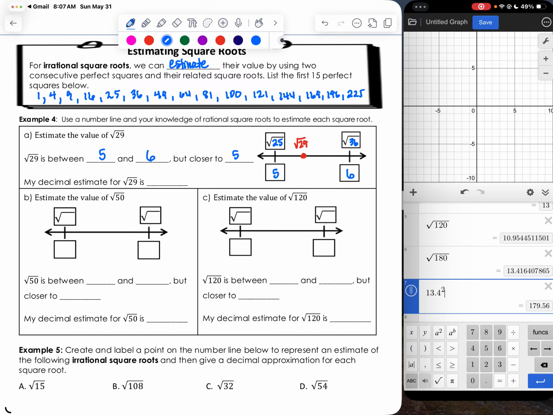So I'm going to estimate it to be approximately 5.4. Now, not every one of you is going to get the same answer. Some people might say, oh, I think it's going to be approximately 5.3. Some of you might say, I think it's going to be approximately 5.5. That's okay, because the point of this exercise is just to get an estimate, okay?